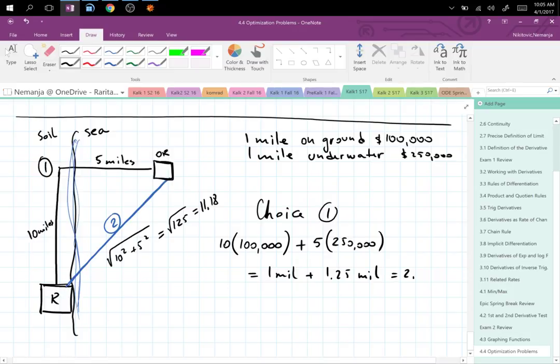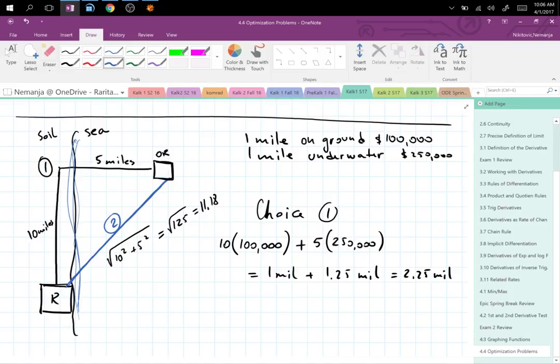We get 2.25 million to build a pipeline this way. So it's $2.25 million to use the black path, where you go up on the ground using the cheapest possible pipe as much as you can, and then take the shortest possible way into the refinery, which means you're using the least amount of the expensive pipe.